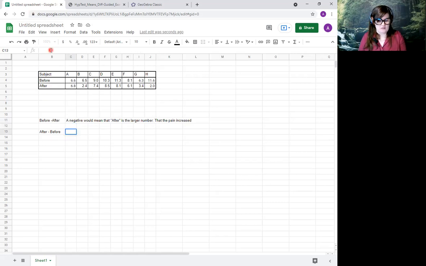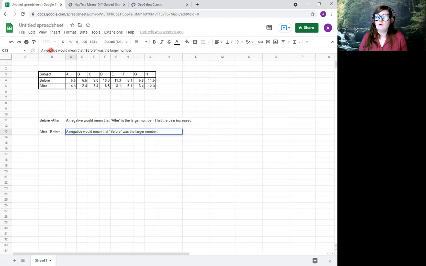Now here we can say a negative would mean that before was the larger number. So what would before being a larger number mean?